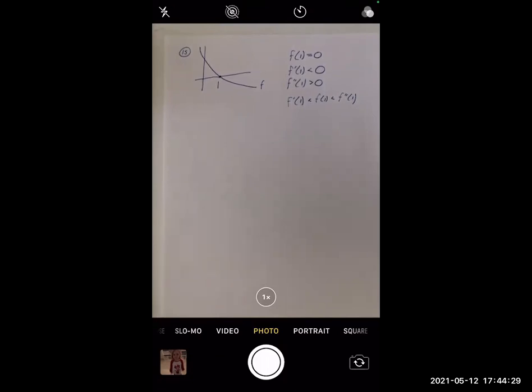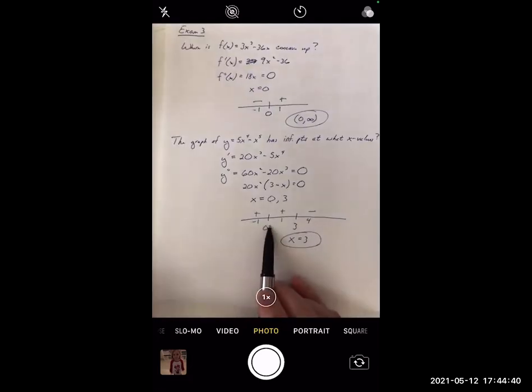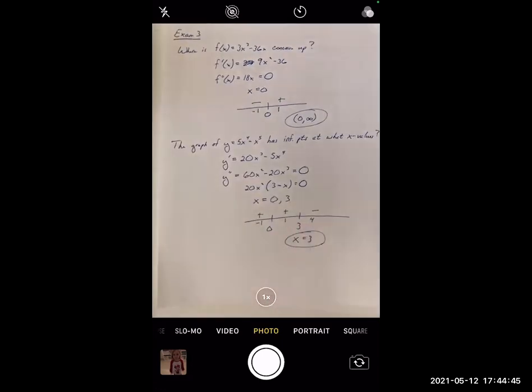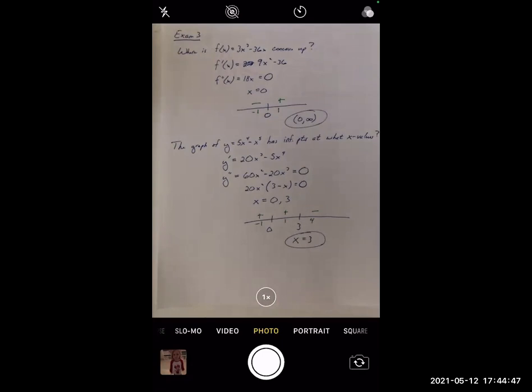So the concavity is not switching around the 0, if I remember right. And for the same kind of reason that we looked at over here, like if you plugged in test numbers, Okay, yeah, like a positive makes positive. That makes sense.